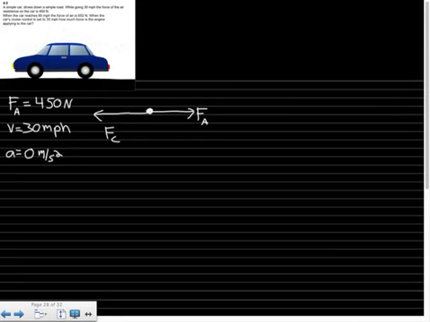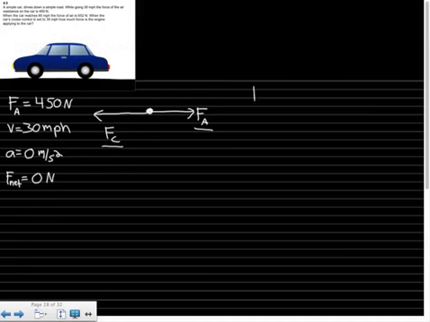When you're in cruise control, you have 0 acceleration. All right? And if you have 0 acceleration, what does that mean about your net force? Well, net force equals m times a, so you're going to have a 0 net force. So that means that the force of the car must equal the force of the air resistance.